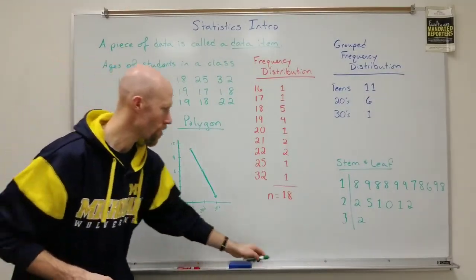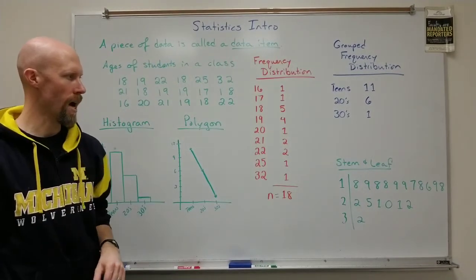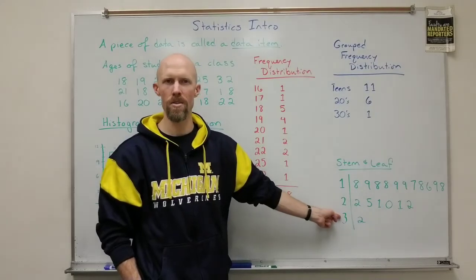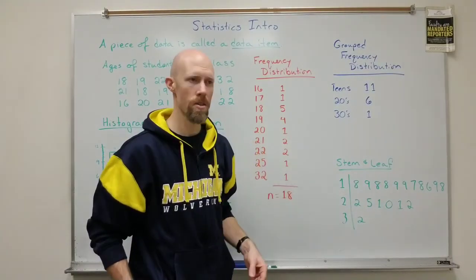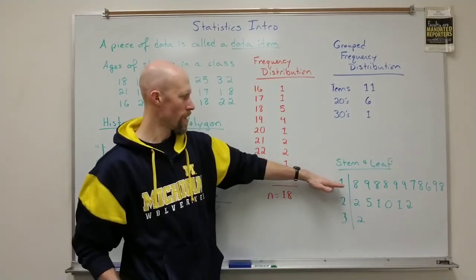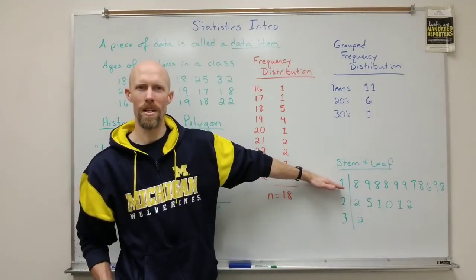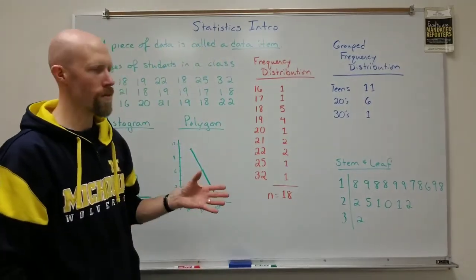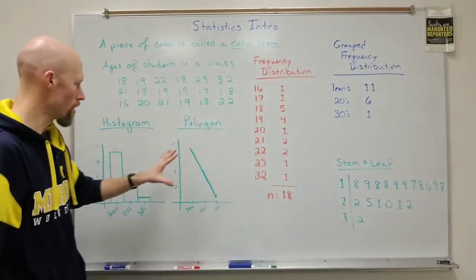Okay, so that would be considered a stem and leaf plot, where your stems are the tens place, your leaves are the ones place, and you just list off all the ones places that fall within those tens places. And that gives you a variation of the two ideas here.